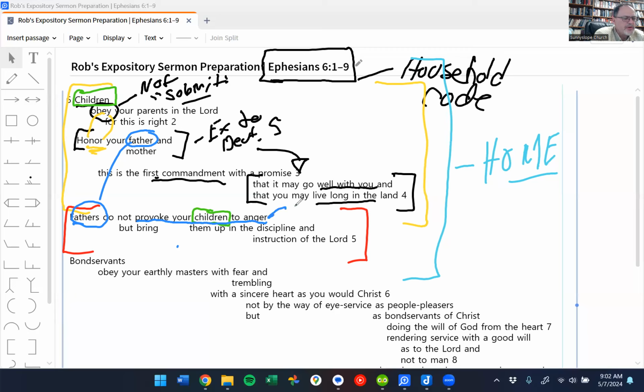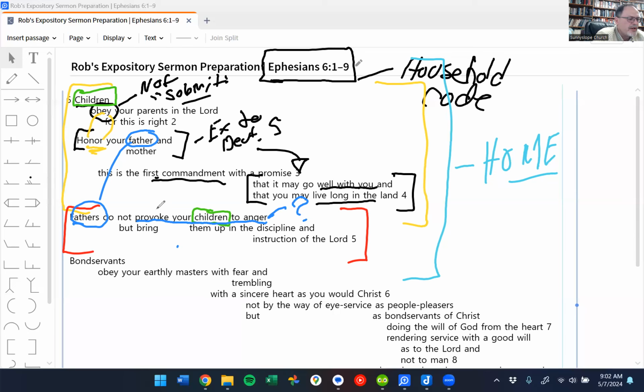Now, there's always a fine line, right? We're going to raise a question about that, because sometimes even the best discipline will make our kids angry. So how do we know the difference between legitimate discipline that might make them angry, and what is crossing a line and provoking needlessly to anger?